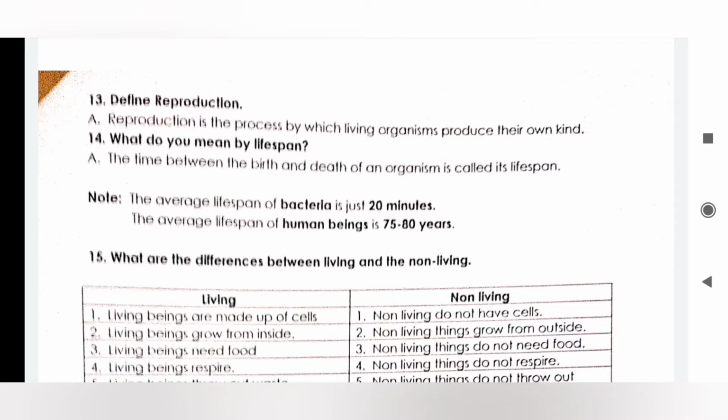In the next question, what are the differences between living and the non-living? It's a very important question as far as 6th standard biology is concerned. So in this we are going to see the differences between a living thing and a non-living thing.